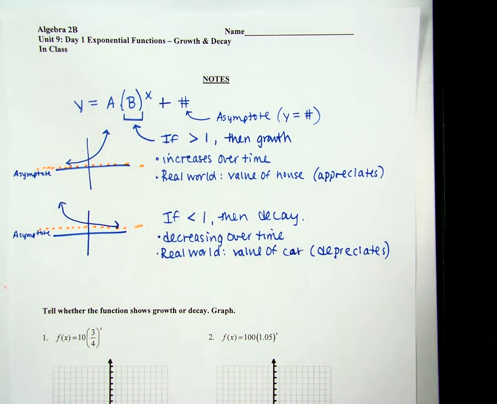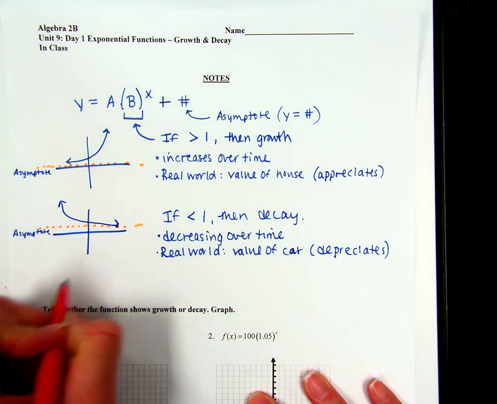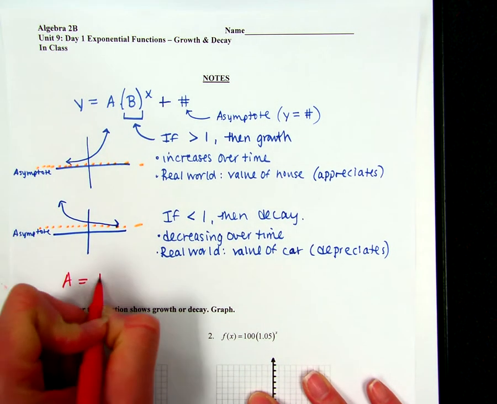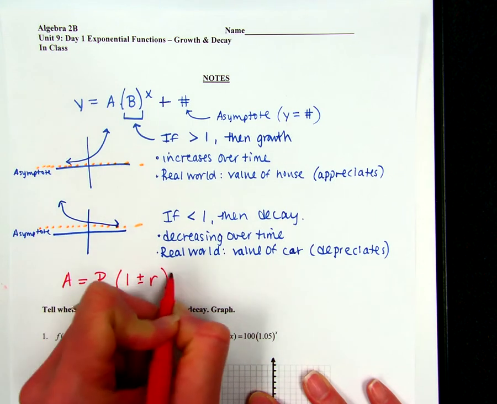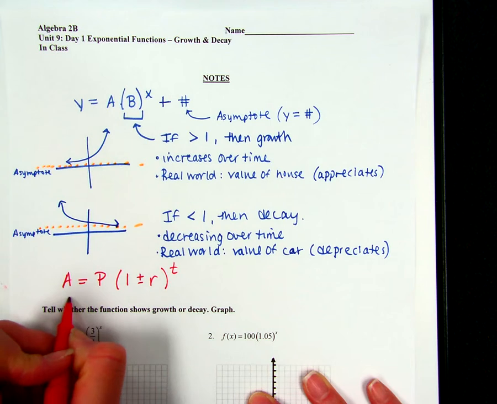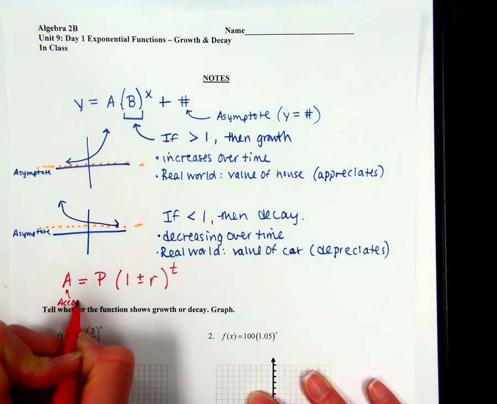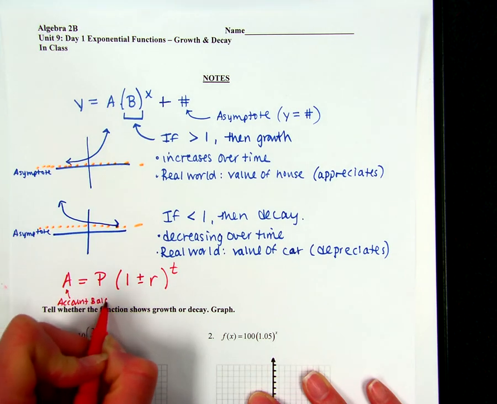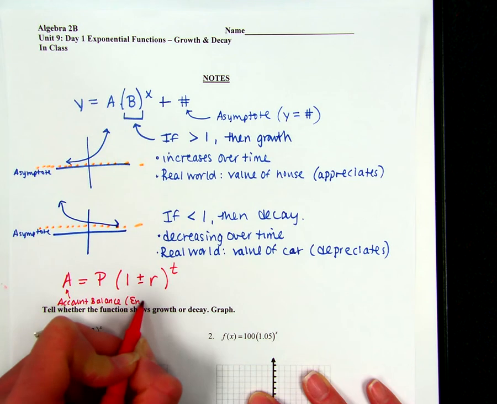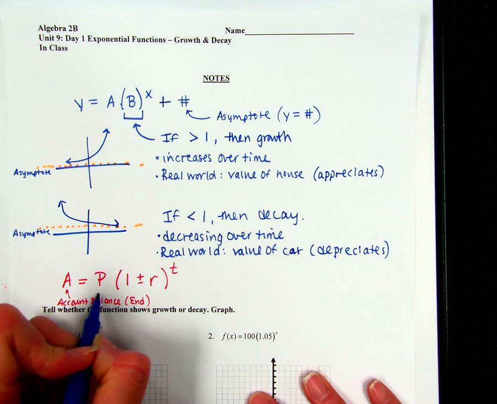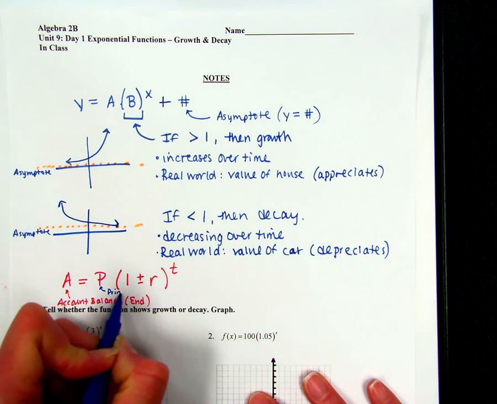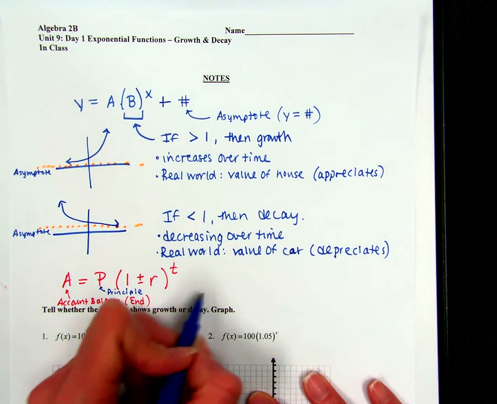The other type of problem we're going to talk about is interest, and for that there's a formula: A equals P times 1 plus or minus r, to the t. A is your account balance, or your ending amount. P is typically referred to as principal, or your starting amount.